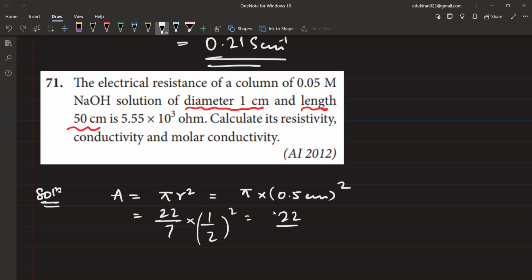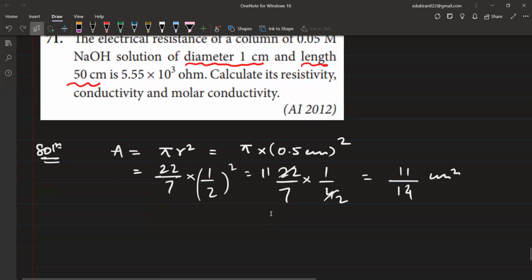This will be equal to 22/7 into 1/4. So this will give you 11/14. 11s are and 2 7s are 14, so 11/14. So keep it in fractions until and unless you need to convert it to decimal points. So this is the area we have got.